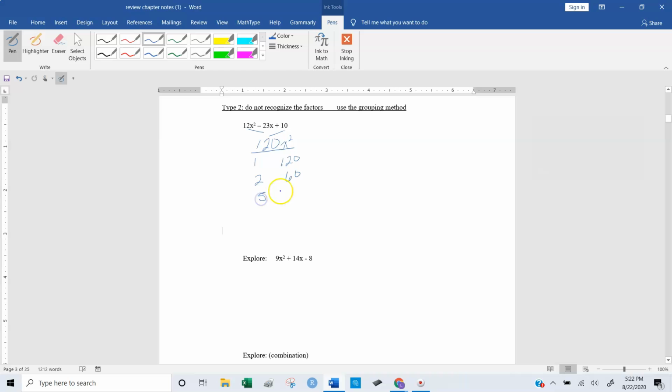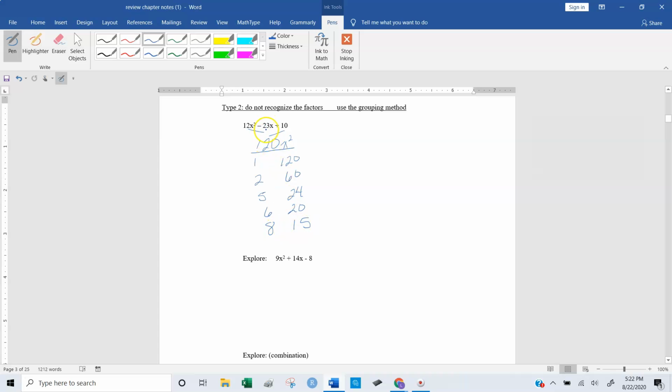So 5 times 24. Okay, I'm getting closer because I'm at 29. I need 23. Well, what does 6 give me? 6 and 20. That gives me 26. A little closer, but not there. 7 doesn't go in, so let's try 8. 8 and 15. Oh, there it is.